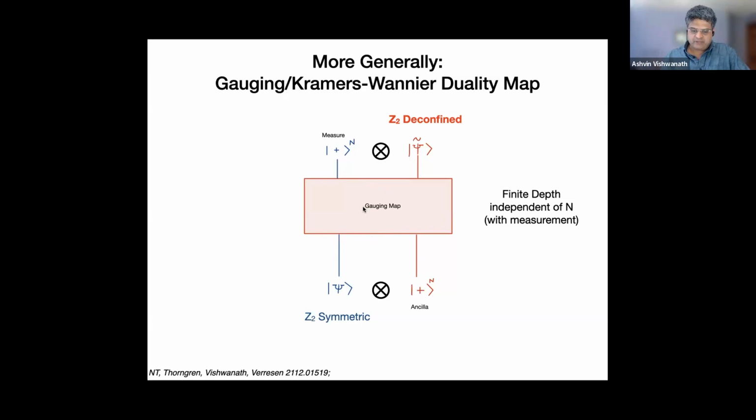You give me an abelian symmetry, you can go through this process and gauge that symmetry and be in the topologically ordered phase with that particular group being the gauge group. Okay, so this is kind of a gadget that we can use, and we can use it to build more complex kinds of quantum states. Okay, maybe I'll pause here for a second if there are any questions before I talk about the non-abelian part.